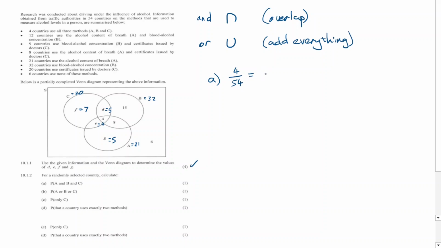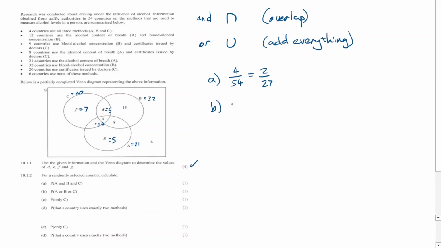And I personally find it helpful just to punch this in your calculator and just get a summarized answer rather than decimals or leaving it like this. Probability of A or B or C. So that's everyone that I add up inside here, which you can go and add up everything. Be careful you're not adding up these totals, which some people do. You're adding up the numbers, the individual numbers inside here.